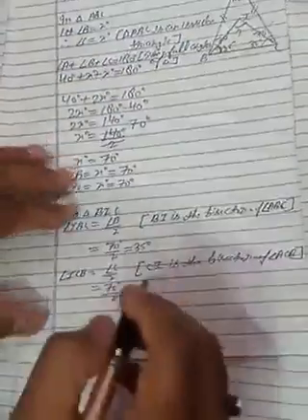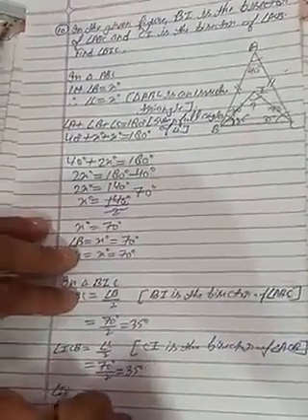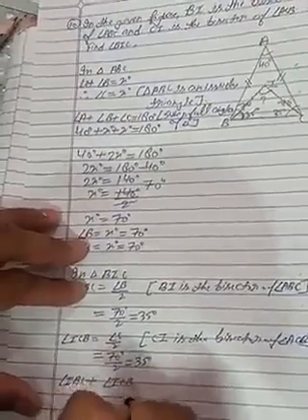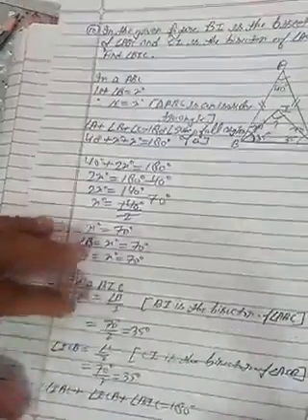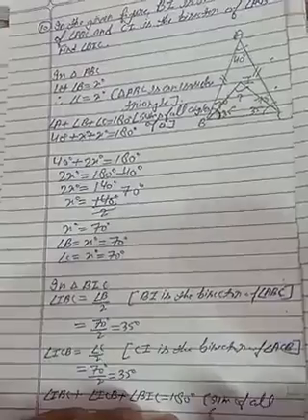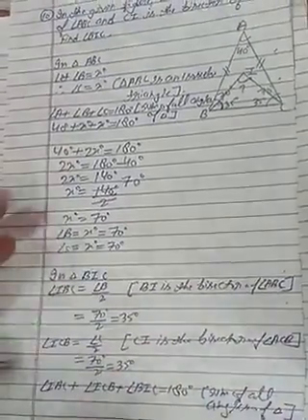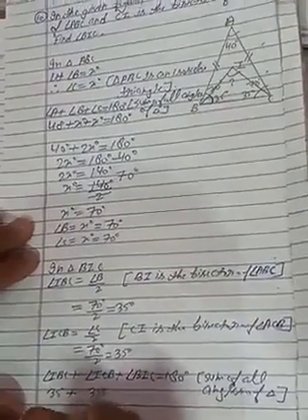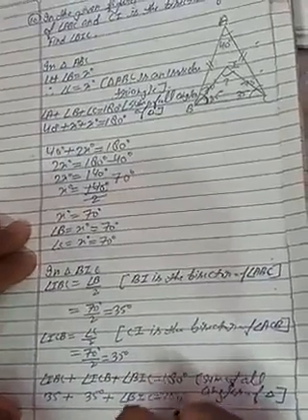See how. Angle IBC plus angle ICB plus angle BIC is equal to 180 degree, sum of all angles of triangle. So IBC we will put 35 degree, plus this angle is also 35 degree, plus angle BIC is equal to 180 degree.